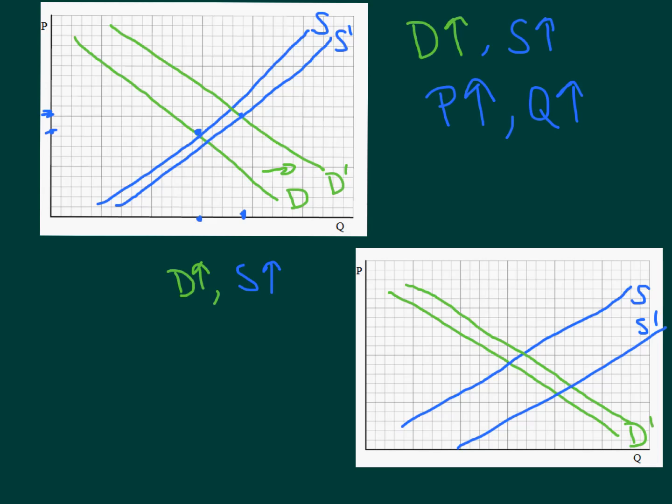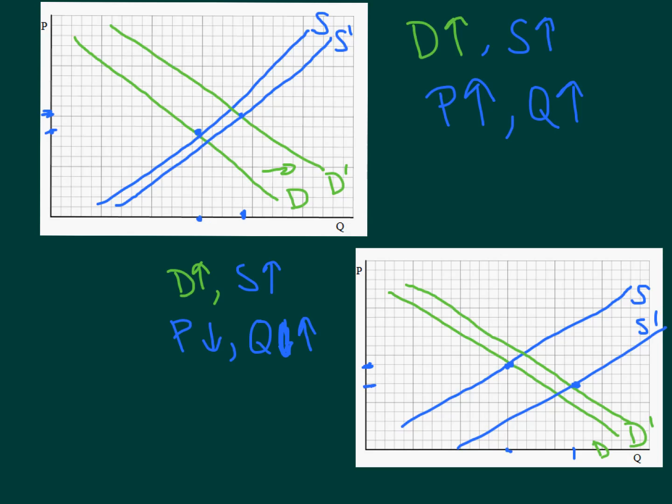This is D prime and this is D. All right, so our original S and D crossed here. There's your quantity and price. And here's our S prime, D prime. Quantity has increased and price has now decreased. So this is a different result. The actual equilibrium price has decreased and quantity has increased.